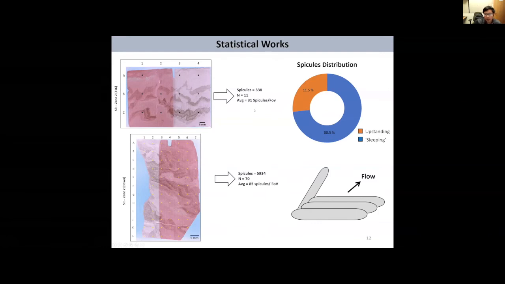This being said, 3 out of 4 spicules in the samples are actually in the sleeping position along the bedding plane, and 1 out of 4 spicules are upstanding, and they are actually verging towards the flow of the megaslump. So in this case, we can actually use the spicule orientation to predict the paleoflow direction of a carbonate MTD.